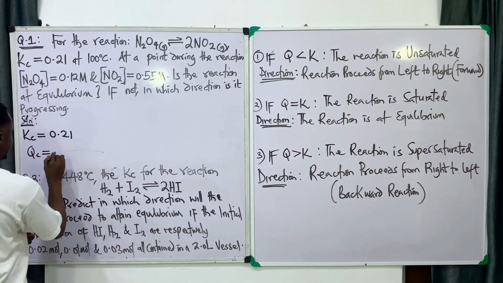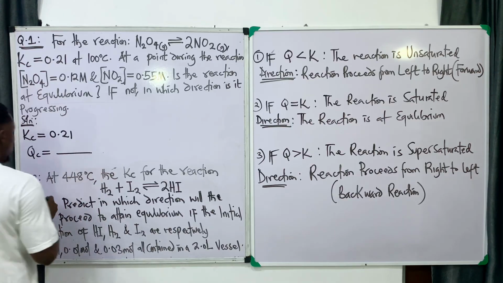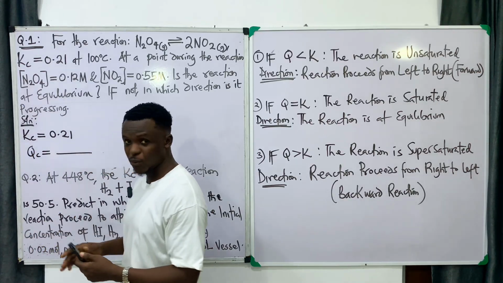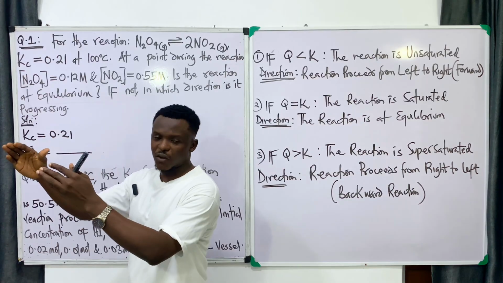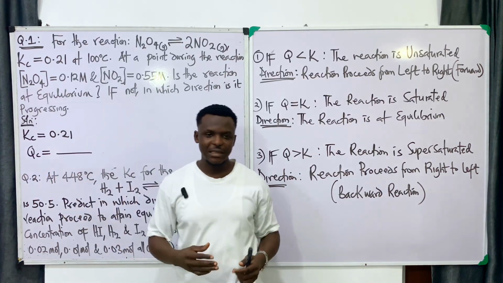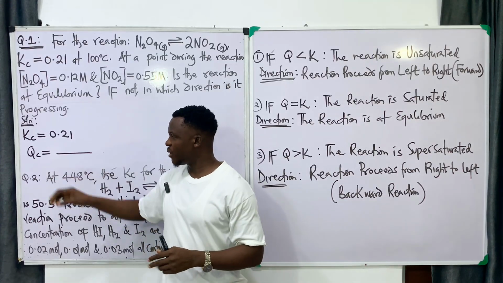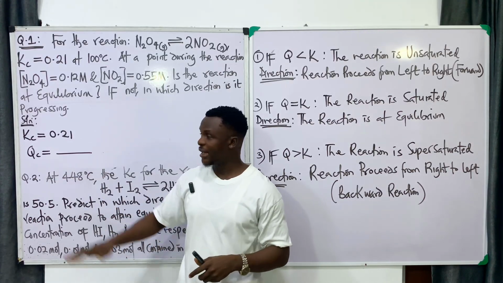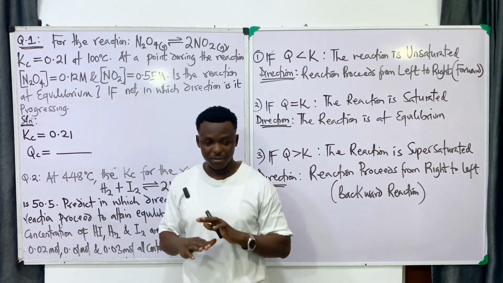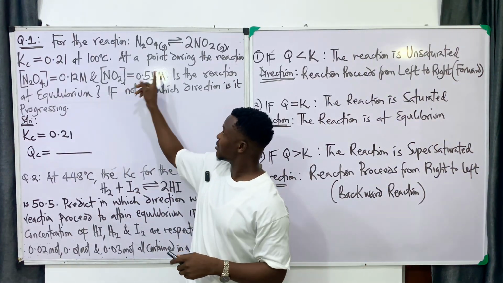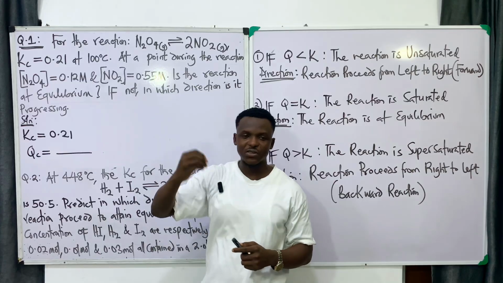Remember, the expression of reaction quotient is the same thing as that of equilibrium constant: ratio of the concentration of the product to that of the reactant, each raised to their coefficient. The only difference is that Qc is used when the reaction is not at equilibrium, while Kc is used when the reaction is at equilibrium.